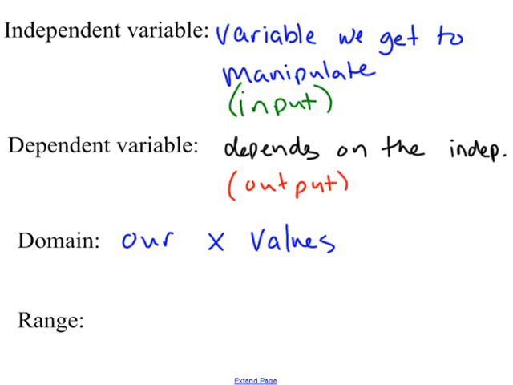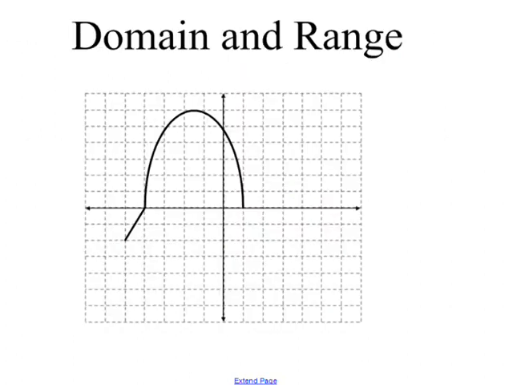Where our range are our y values. So after you put all of these x values into the function or graph or table, what are your resulting y values? So let's just look at a few graphs and figure out what the domain and range are.